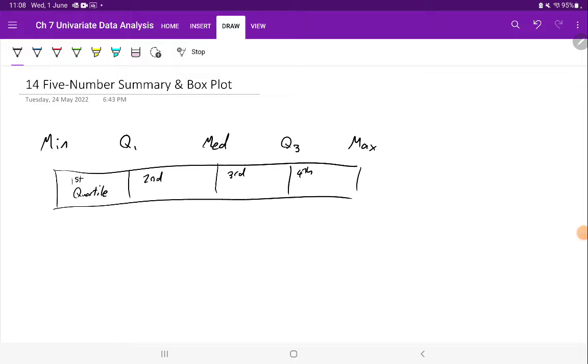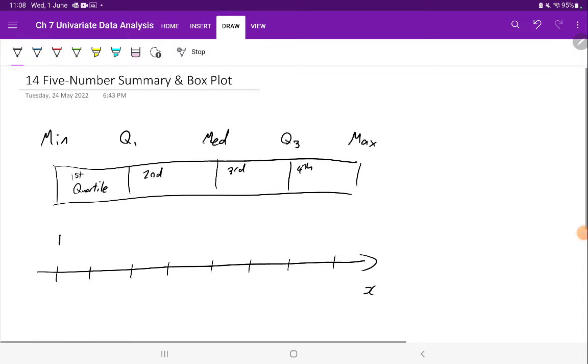And the way we do our box plot is on a number line where you put X, whatever score we're marking, and then we do up a simple number line, and above it we draw a vertical line for each of these values.